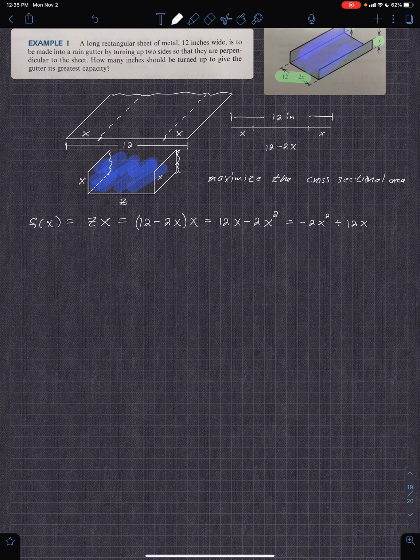We know this is a parabola, and we know it goes through the origin. It's upside down, so it does something like this. It goes to the origin, and there is going to be some height, like right here. We don't know what that is, so we'll call that value x naught or c or whatever you want. So that's what you do: you find the extrema.